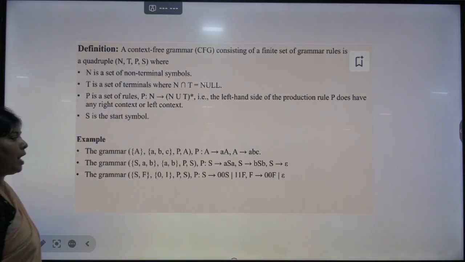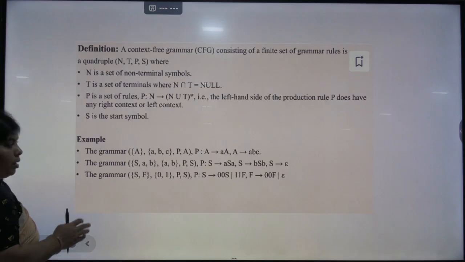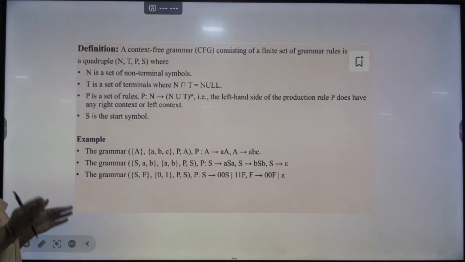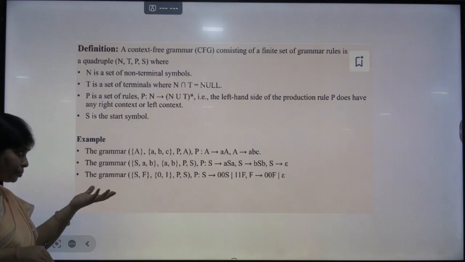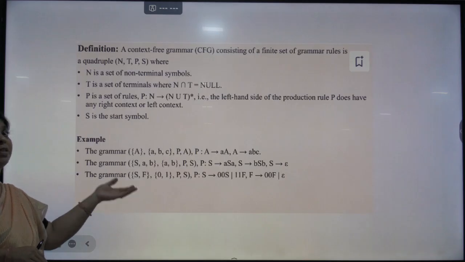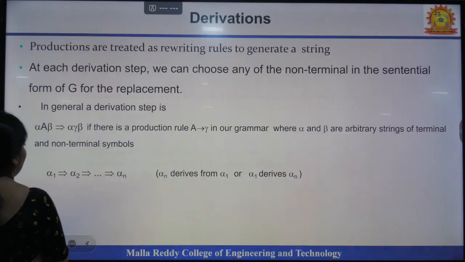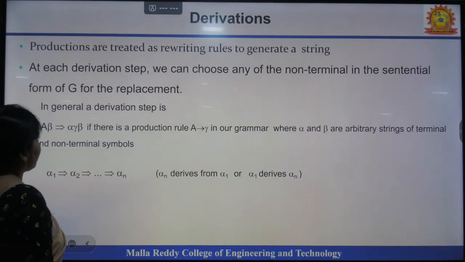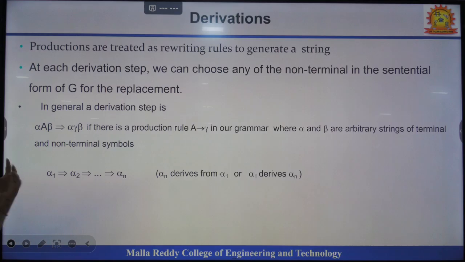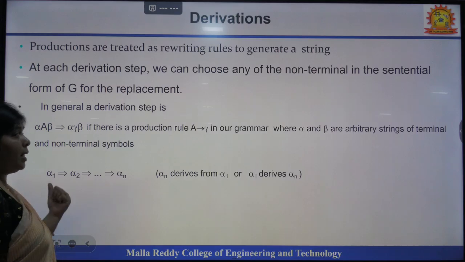So like this, we have some set of productions. The productions themselves contain the terminals as well as non-terminals specified in the grammar. So by using the given production rules, we can generate the parse tree.